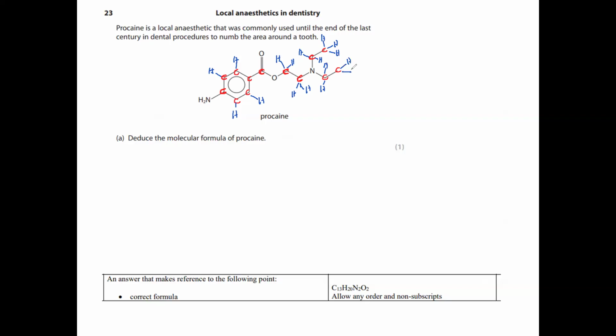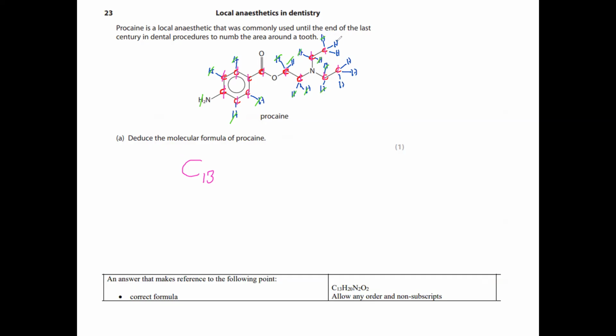Right, now let's see how we are going to count the number of carbon atoms. When you count, we have 1, 2, 3, 4, 5, 6, 7, 8, 9, 10, 11, 12, 13.